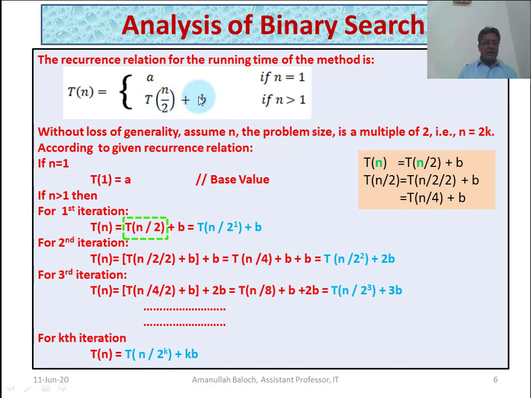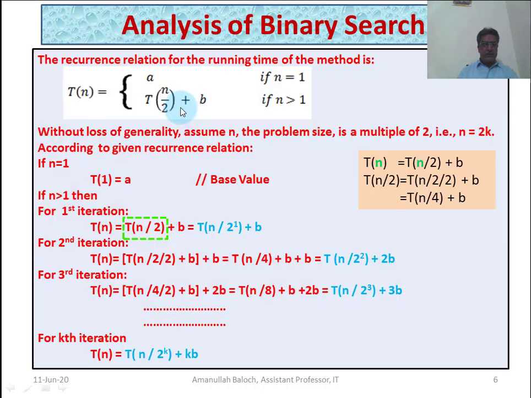So by dividing the array into 2 equal parts and accepting the one and rejecting the second one, it has consumed the b microseconds. So we will add this b microseconds with the time of these 5 elements, and it will become the total time of this algorithm, which we will say T of n.